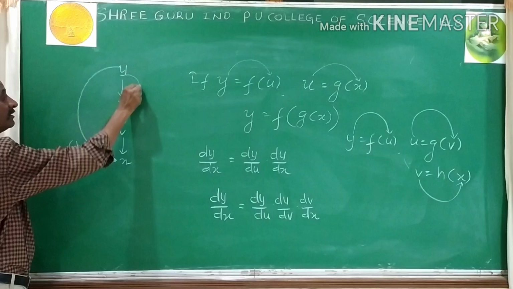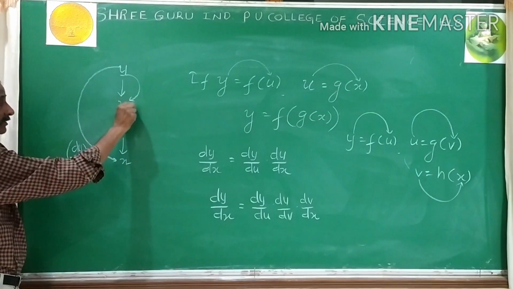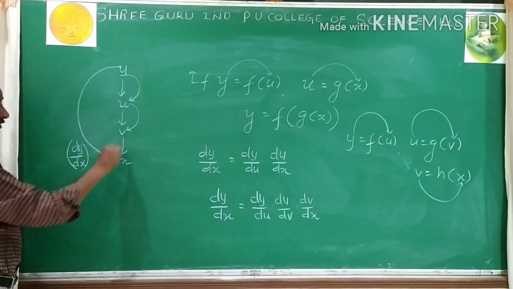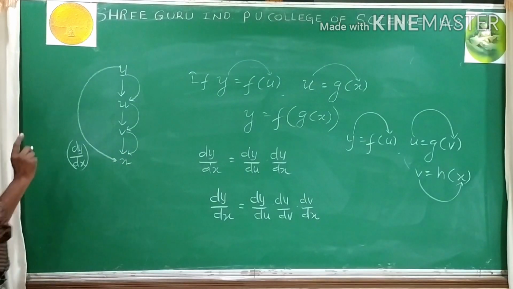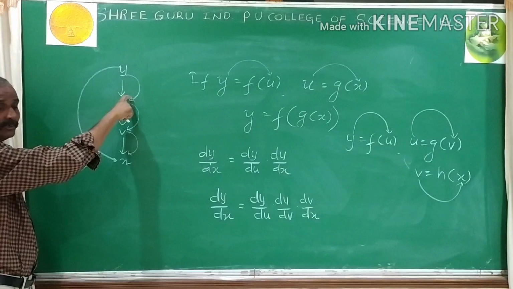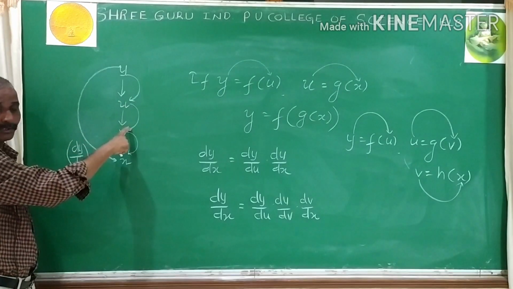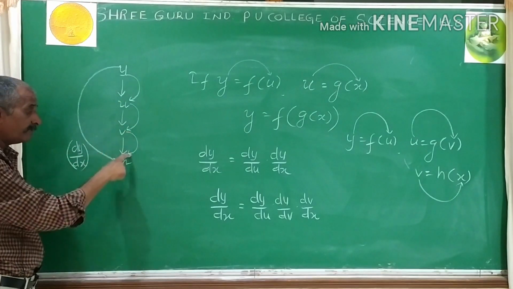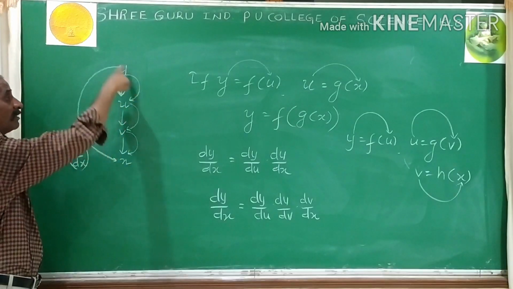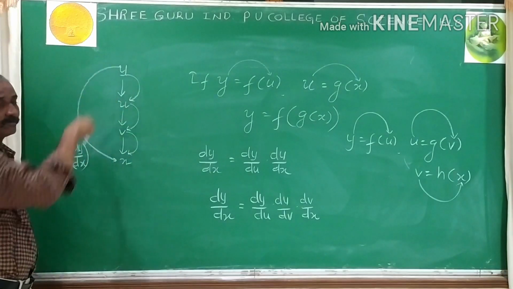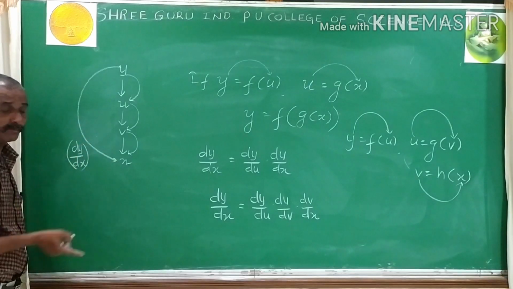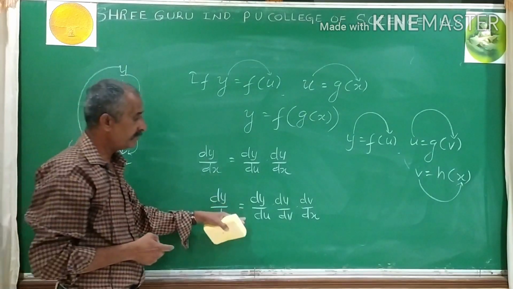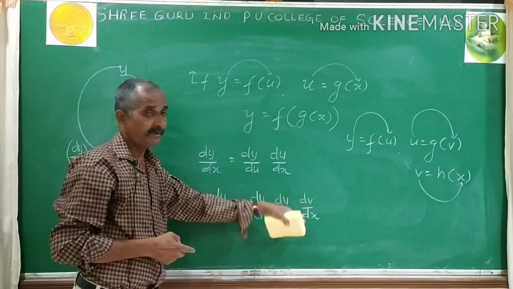First y depends on u, then u depends on v, v depends on x. That's why first we have to calculate dy by du, followed by du by dv, followed by dv by dx. That will complete the net differentiation of y with respect to x. Hence, in such cases, dy by dx is given by dy by du, du by dv, dv by dx.